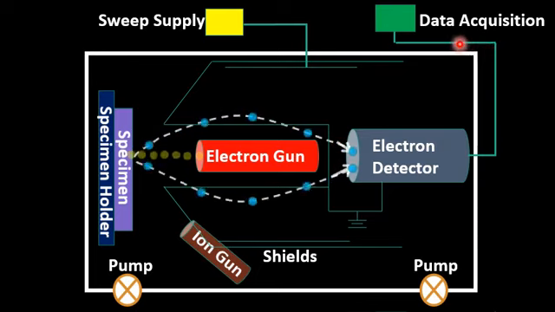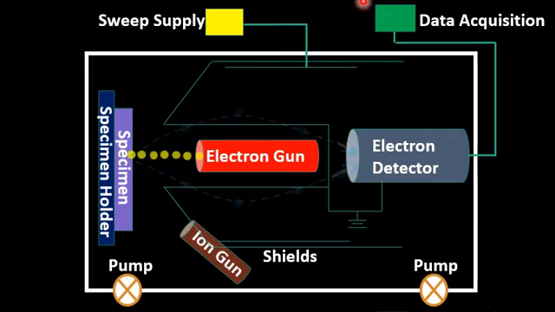After the data acquisition, we can have information about the detected Auger electrons in the Auger electron spectroscope.